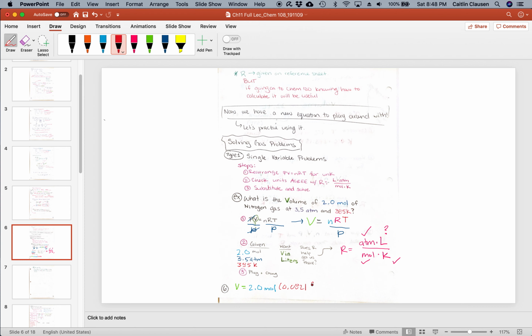You're going to use this value at all times. 0.0821 atmosphere liters over mole Kelvin. Multiply that by temperature, which is 385 K, and divide all of this by the pressure, which is 3.5 atmosphere.